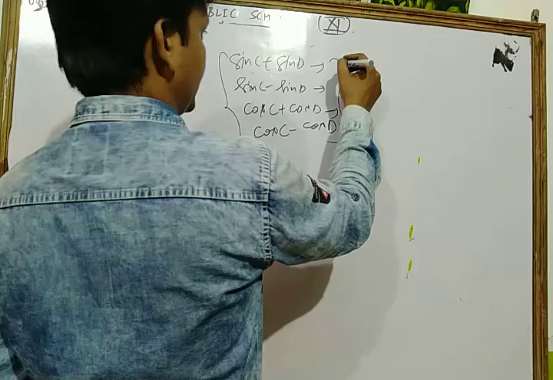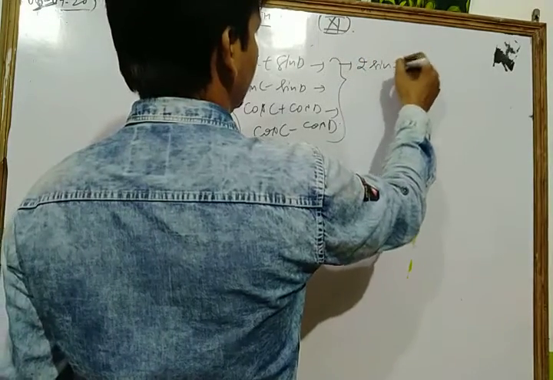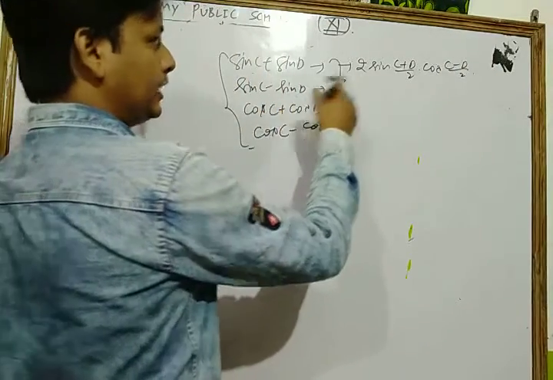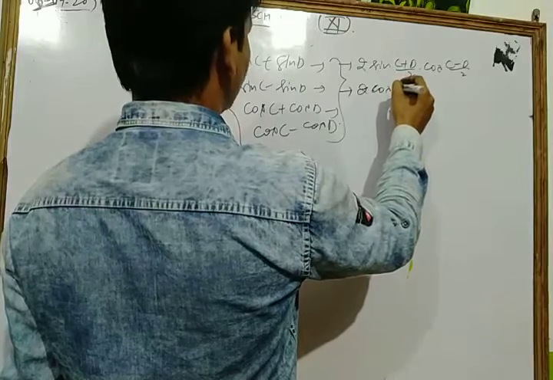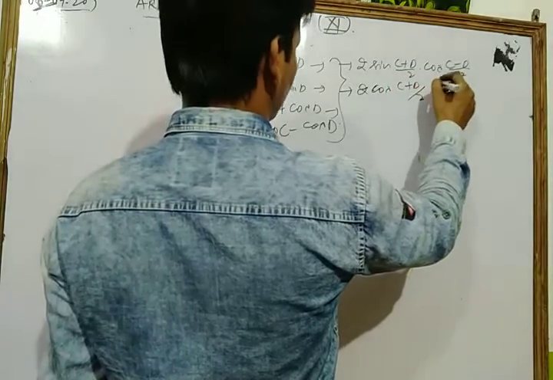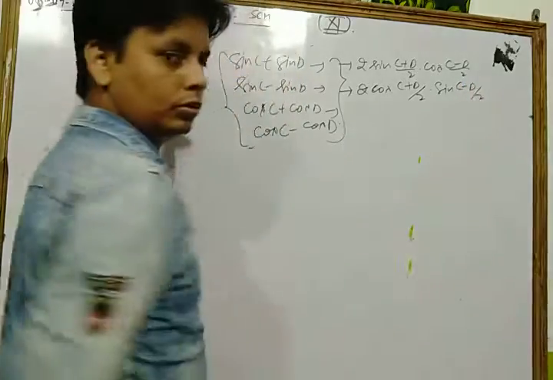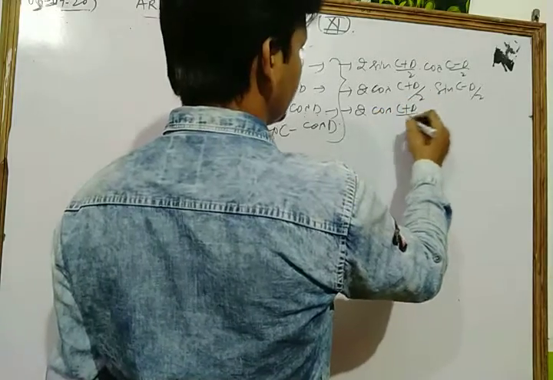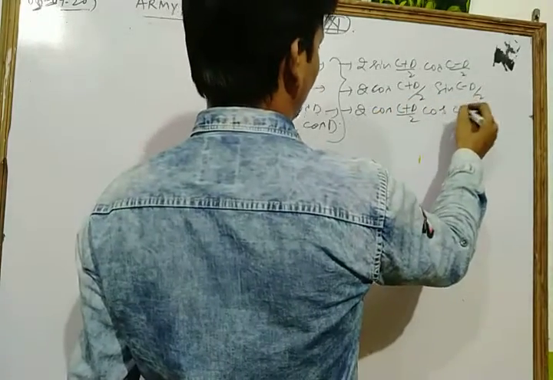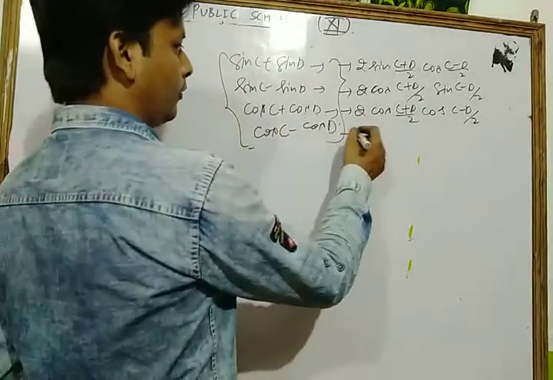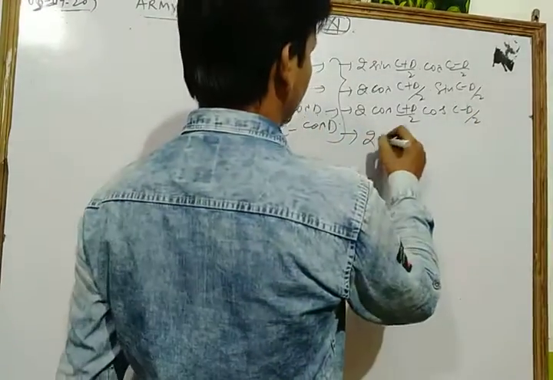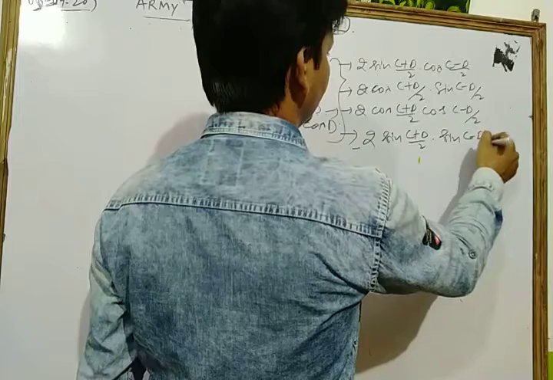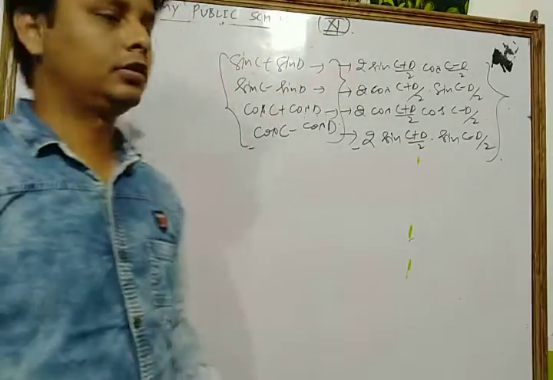The formula of sin c plus sin d is 2 sin of (c plus d) by 2 into cos of (c minus d) by 2. The formula of sin c minus sin d is 2 cos of (c plus d) by 2 into sin of (c minus d) by 2. The formula of cos c plus cos d is 2 cos of (c plus d) by 2 into cos of (c minus d) by 2, and the formula of cos c minus cos d is 2 sin of (c plus d) by 2 into sin of (c minus d) by 2.